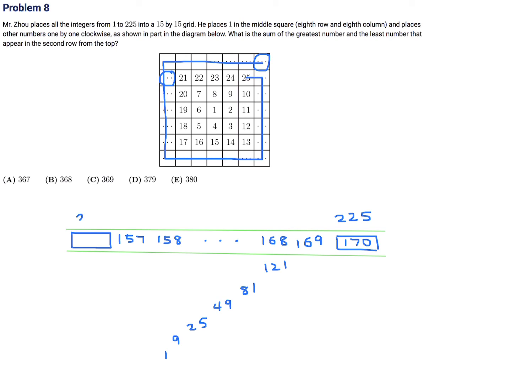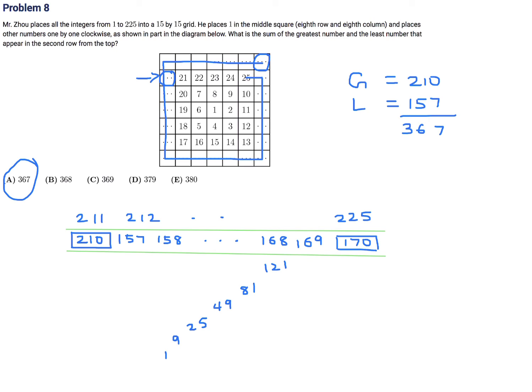So it looks like this starts at 211, and then 212, all the way up until 225, right? So this number here would be one below 211, and that's 210. Therefore, in that second row, the greatest number is 210, and the least number is 157. So the sum of those numbers looks like 367. And therefore, number 8, the answer is A.